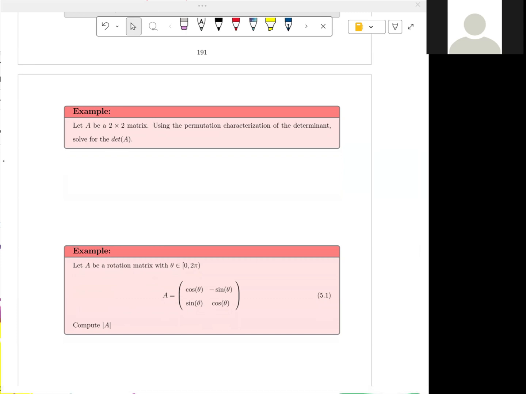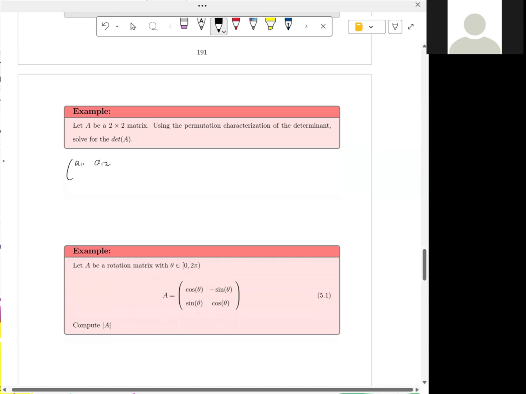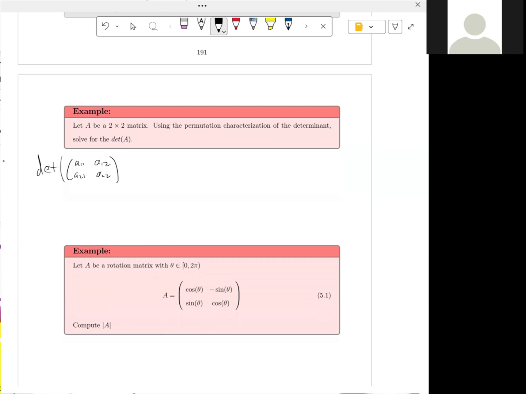Okay. So here we've got A11, A12, A21, A22. We want to take the determinant of this matrix. Well, this equals the sum over sigma in S_n of the sign of sigma times A1 sigma(1), A2 sigma(2).